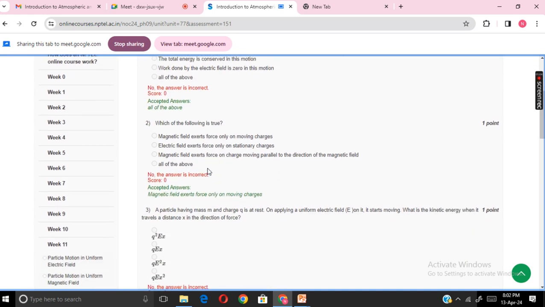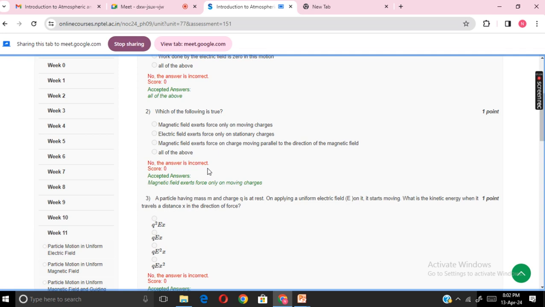Now the second question, which of the following is true? Magnetic field exerts force only on moving charges. Electric field exerts force only on stationary charges. Third one, magnetic field exerts force on charge moving parallel to the direction of magnetic field.